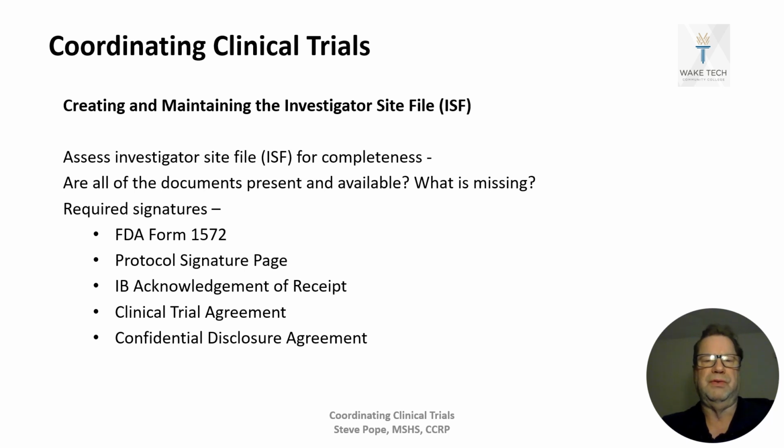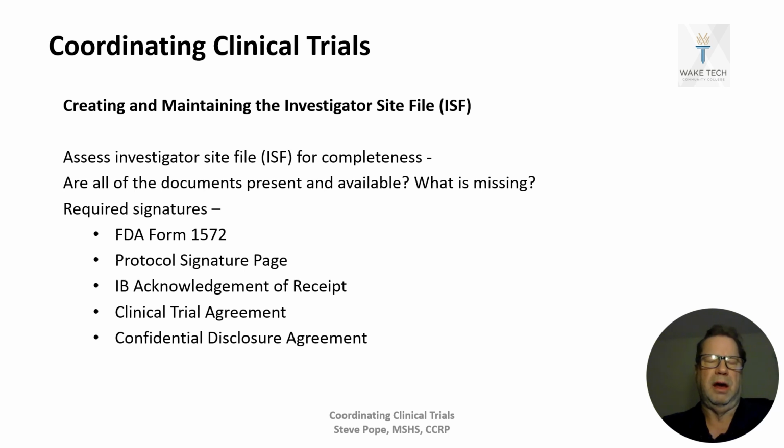So all these documents here, the FDA Form 1572, which is a contract between the PI and the FDA, not the site, not the sponsor, but the PI and the FDA. You can read through that document. It's only 3 pages. You can see what the requirements are. We'll get into that a little bit more with the responsibilities of the investigator.